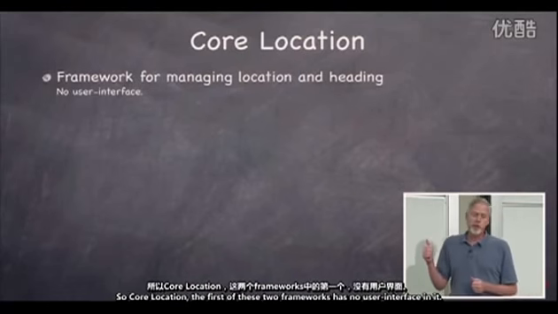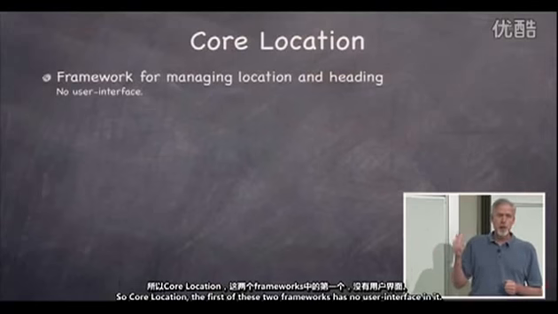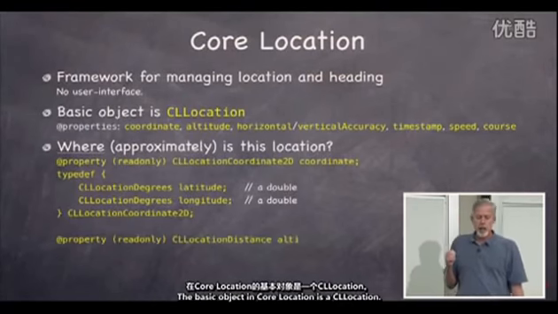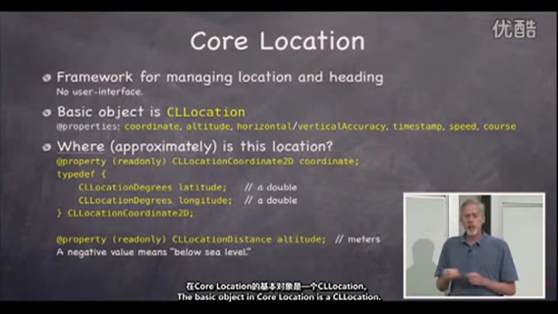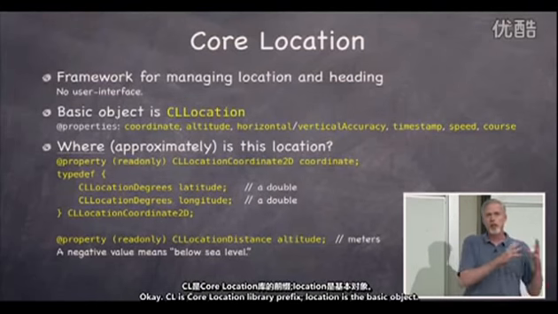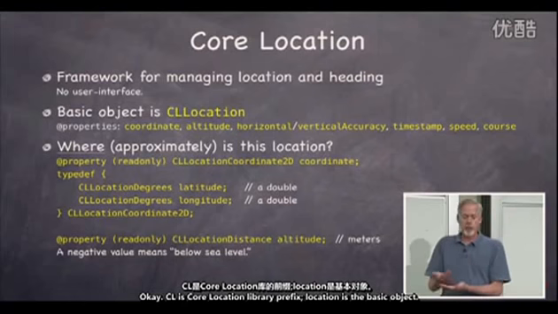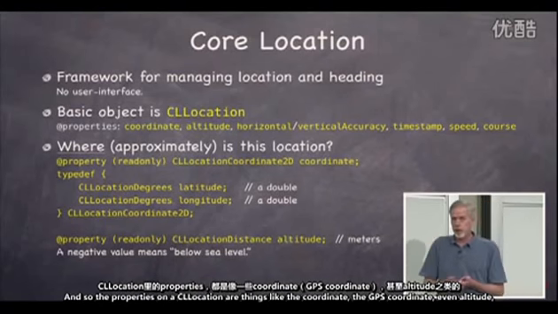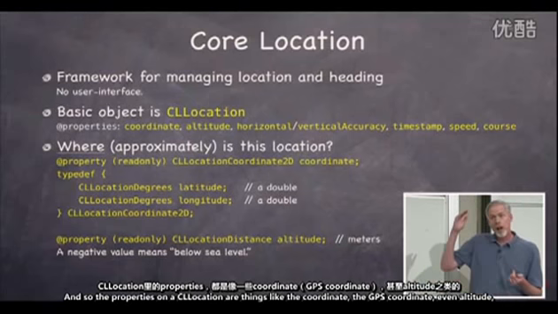So Core Location, the first of these two frameworks, has no user interface in it. It's just for locations and headings. The basic object in Core Location is a CLLocation. CL is the Core Location library prefix. The properties on a CLLocation are things like the coordinate, the GPS coordinate, even altitude.